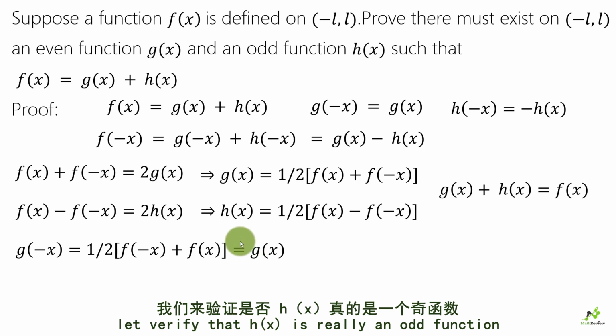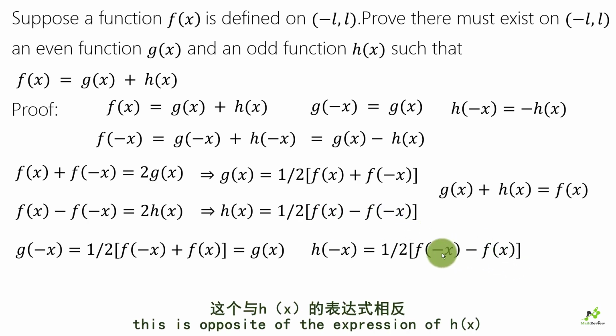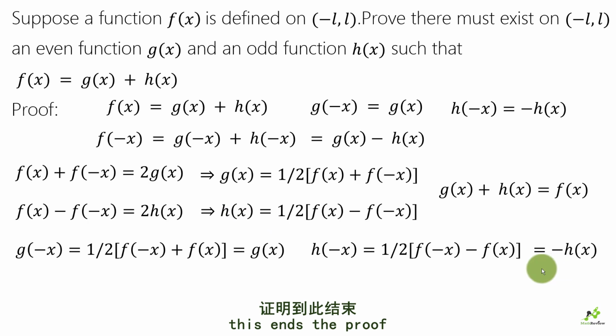Let's verify that h of x is really an odd function. h of negative x equals 1/2 of the difference f of negative x minus f of x. This is the opposite of the expression of h of x. This ends the proof.